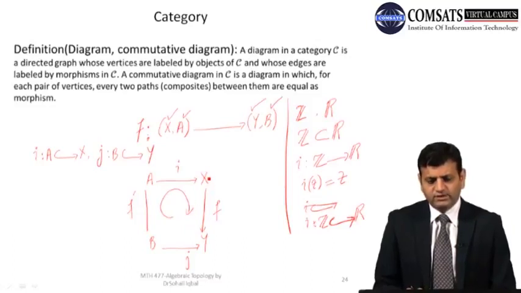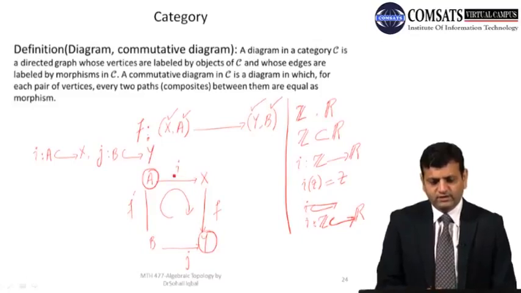Diagram is commutative means if I start from this A and end up at this Y, and if I choose any of the paths, then there will be no difference. So there is commutativity in the diagram. If I start from A and choose any path to reach Y, then there will be no difference in the image.